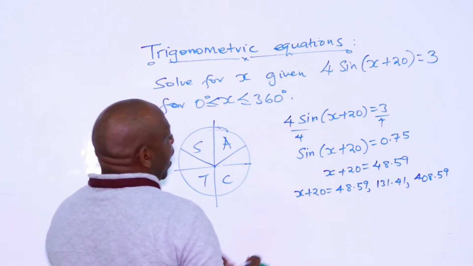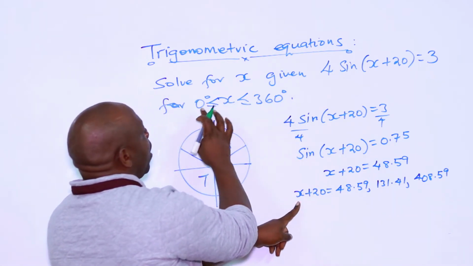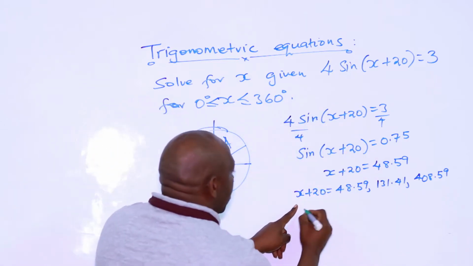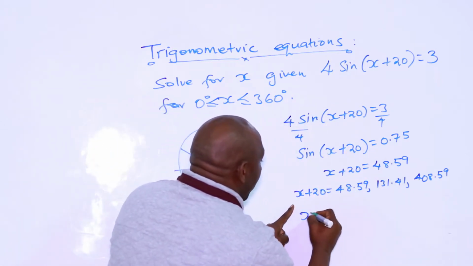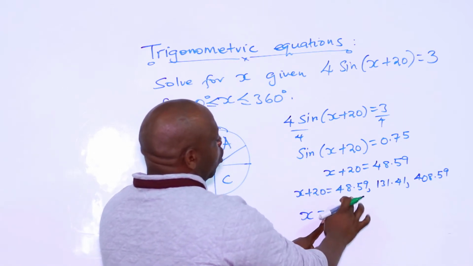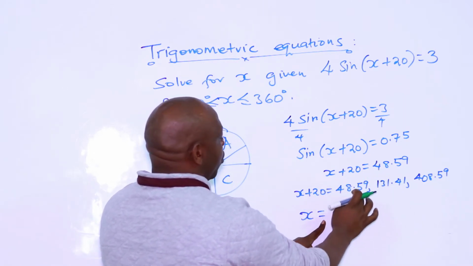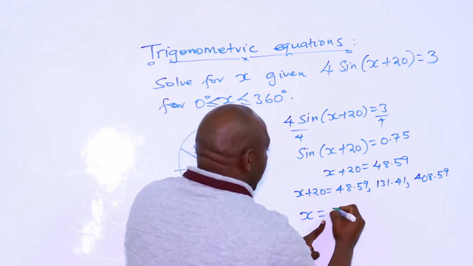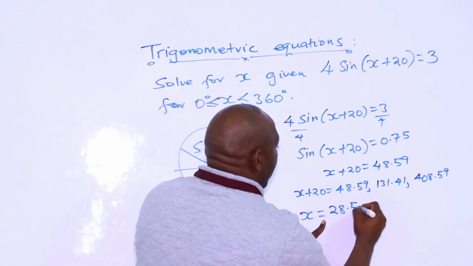Since you have been told x is in between 0 degrees and 360 degrees, you come here and get the final value of x. When you take this 20 on this side, it will be 48.59 minus 20 to get 28.59.